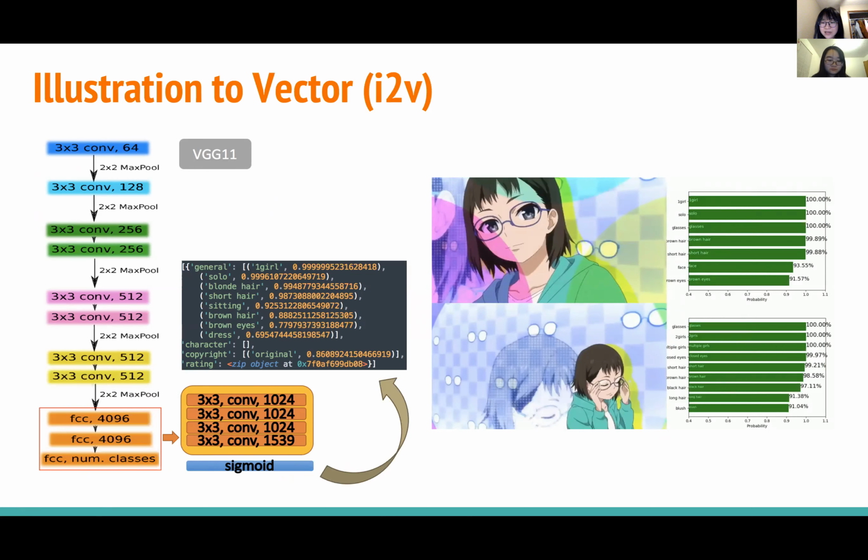Second, we adopt the sigmoid function instead of softmax in the last layer as the activation function, because different from the normal classification problem, which predicts a single value, in this problem we want to estimate a series of binary values for one input image.